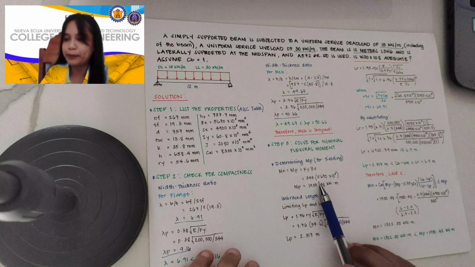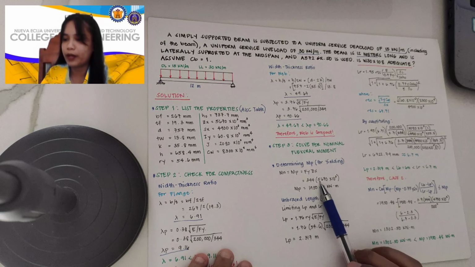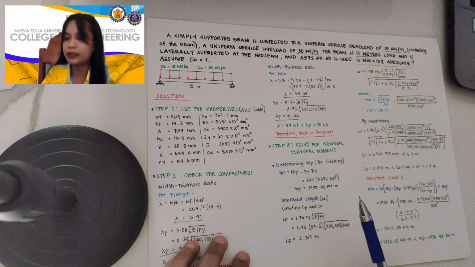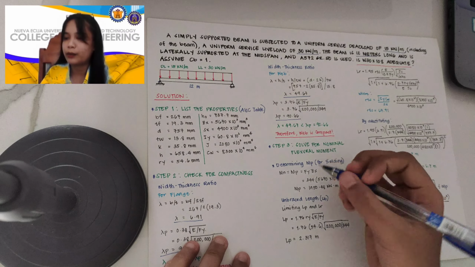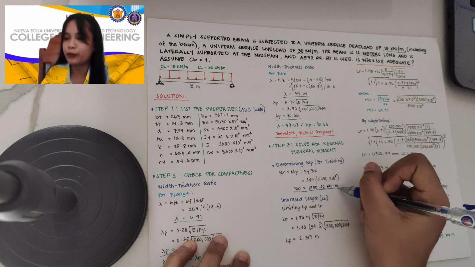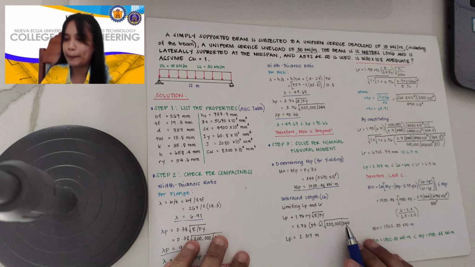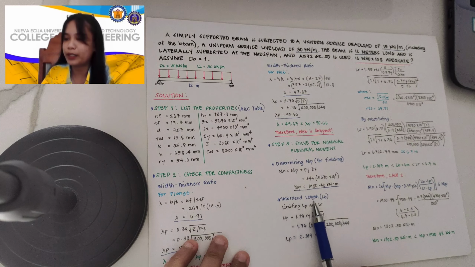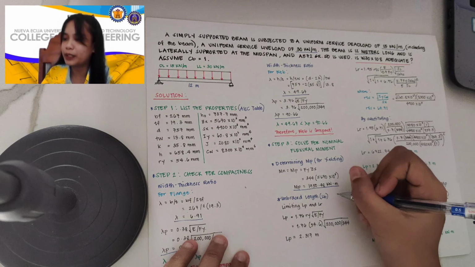Where Mp is the plastic moment, Fy is the yield stress of steel being used, and Zx is the plastic section modulus about the x-axis. So we will be having plastic moment is equal to 1,950.48 kilonewton meter.